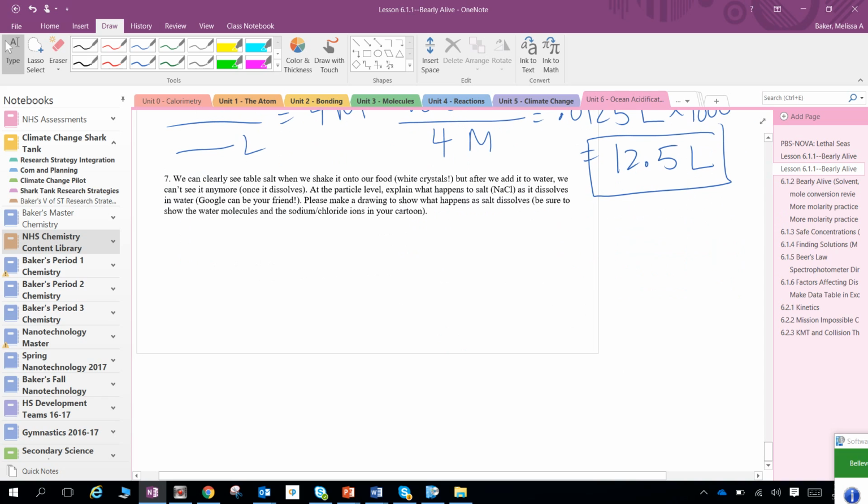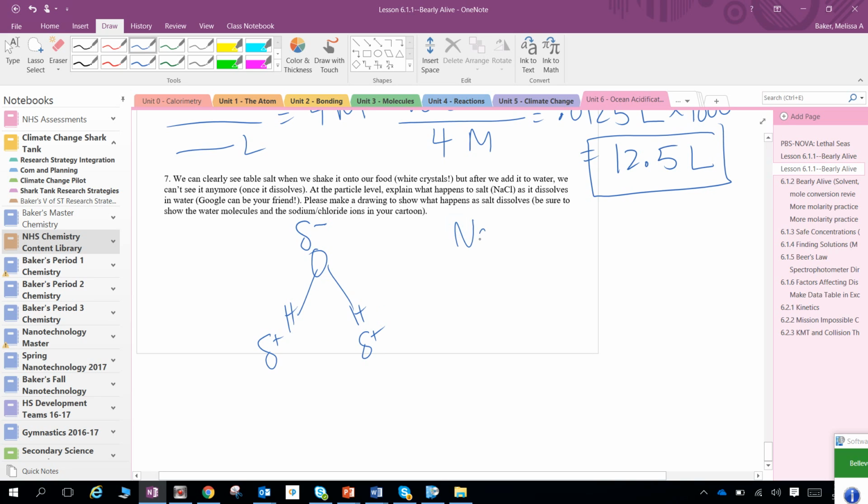And the last question asks you to do a little research on what exactly happens to salt when it dissolves in water. And this brings back the polarity of water. You might remember the intermolecular forces where we talked about how water is extremely polar because oxygen is so electronegative. It's so greedy compared to hydrogen.